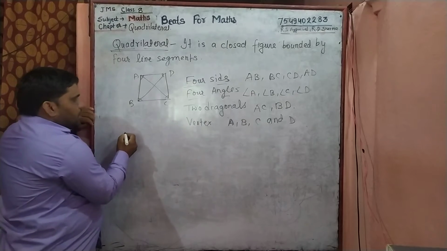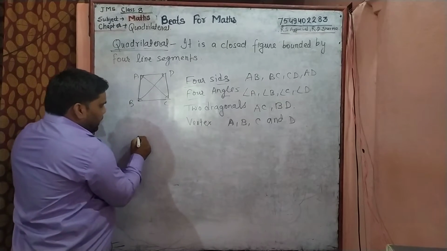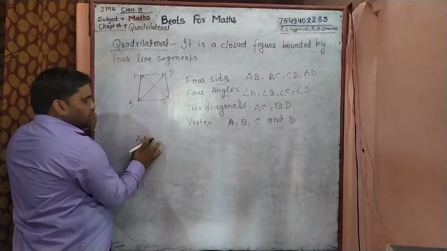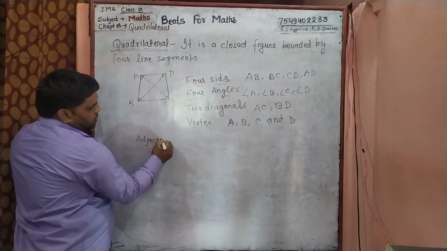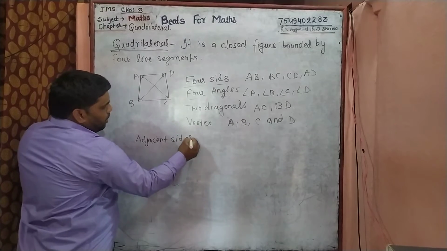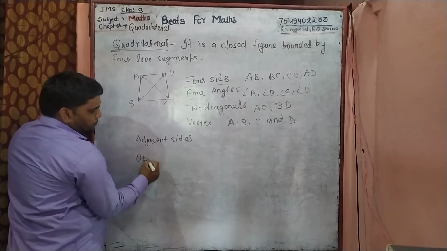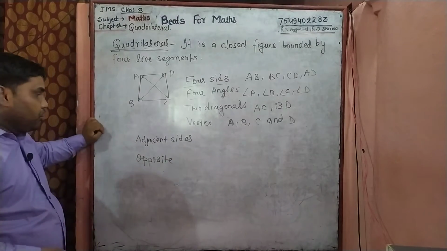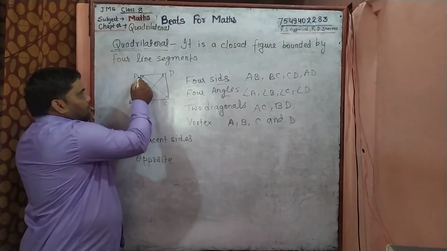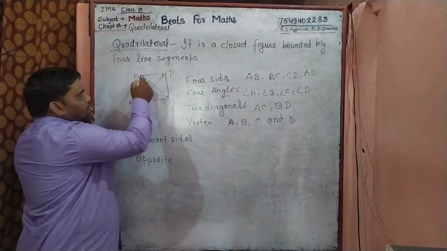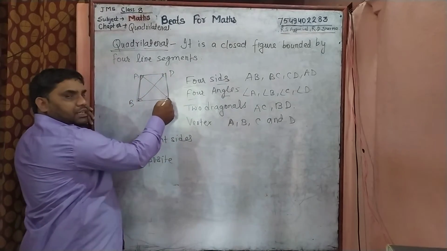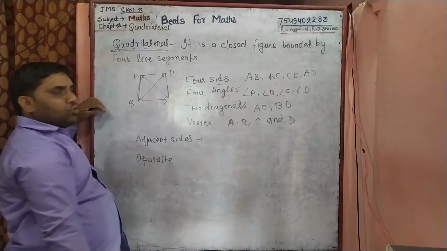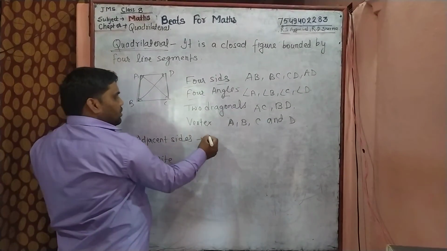Now let's understand adjacent sides and opposite sides. What is the meaning of adjacent sides and opposite sides? See, the opposite side of AB is CD. So a quadrilateral has two pairs of opposite sides.